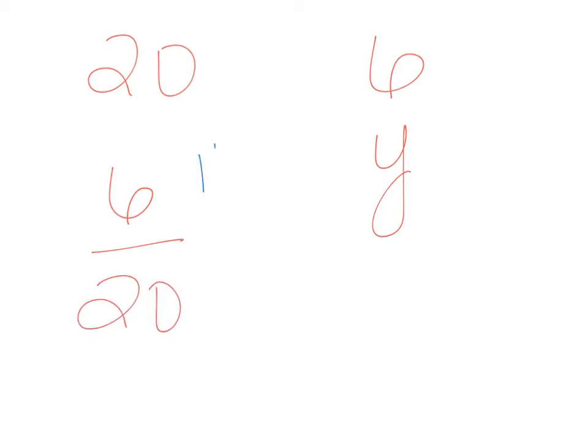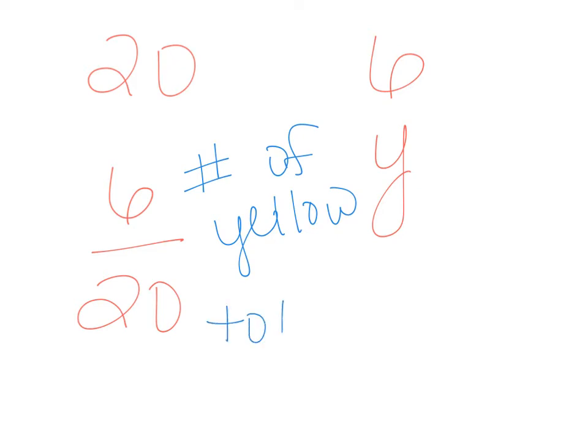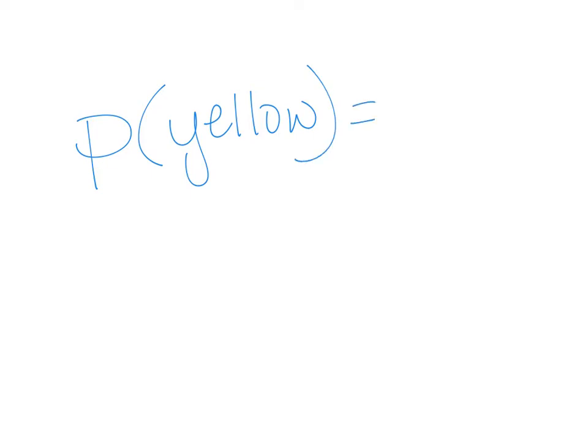The 6 represents the number of yellow marbles, and the 20 represents the total number of marbles in the sample size. So the probability of pulling out a yellow marble would be written as P of yellow is equal to 6 over 20.